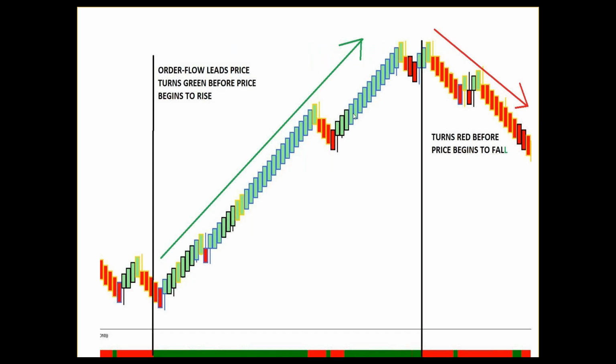Now, here's some examples. It's important to note a couple of things on this chart. Number one, this order flow line does not look at price on the trading chart. So price is rising because the line is green. The line is not green because price is rising. That's what makes this an independent variable.